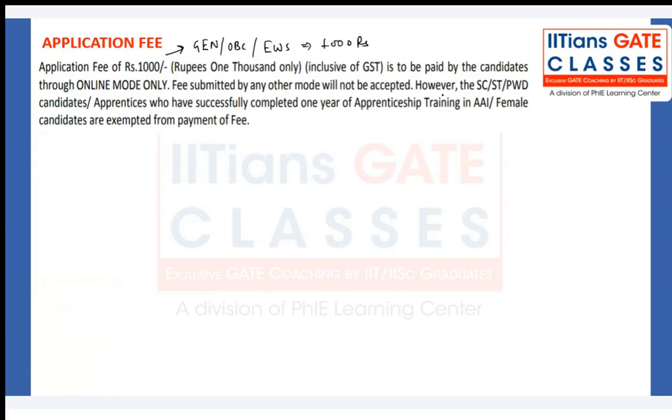Other candidates like SC/ST, PWD, apprentices who have successfully completed 1 year of apprentice training in AAI, and female candidates are exempted from payment of fee. That means females from any category, general, OBC, EWS, are exempted from paying the fees, guys. Only general, OBC, EWS male candidates need to pay the fees. SC/ST, female, male, all are exempted from paying the fees. Right?